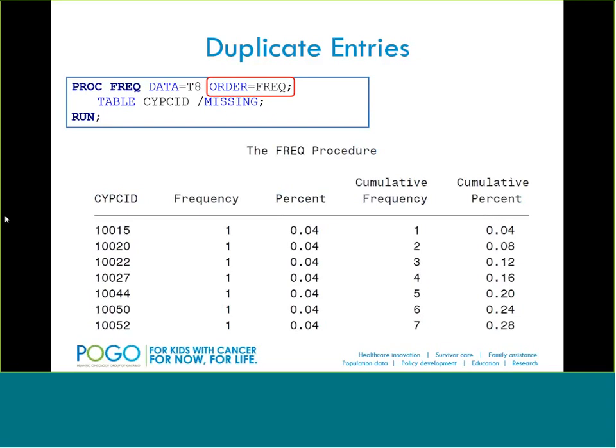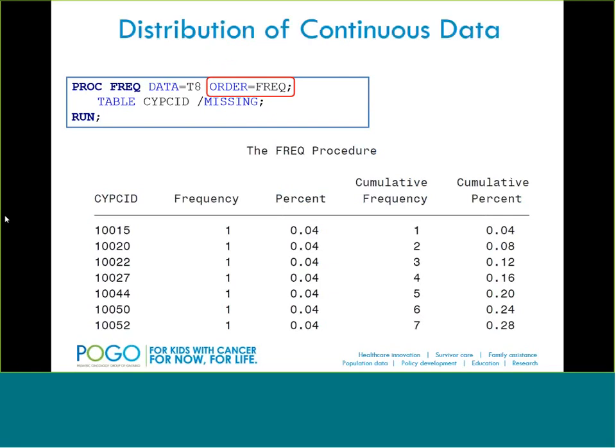But I can see here that I don't have that, because I've already cleaned my data and used the first .cyp-c-id command. I would expect there to be only one record per patient, which is exactly what I see, which is good. Had I done merging improperly, let's say, for example, CYP-C ID 10050 was in my data set 3 times, it would now be at the top, and it would show a frequency of 3.